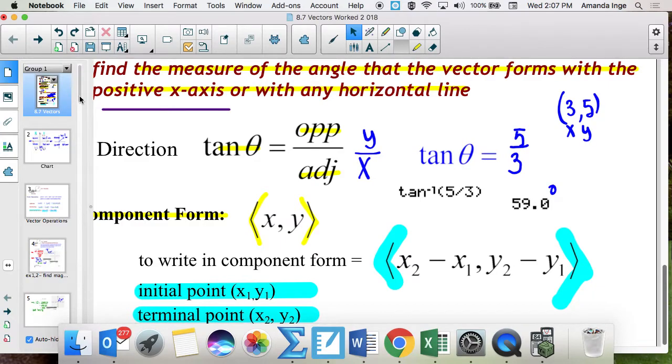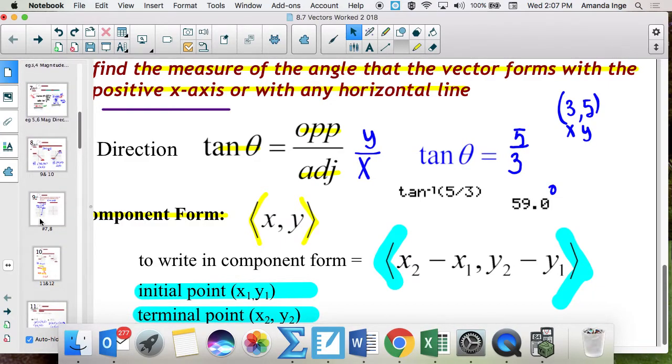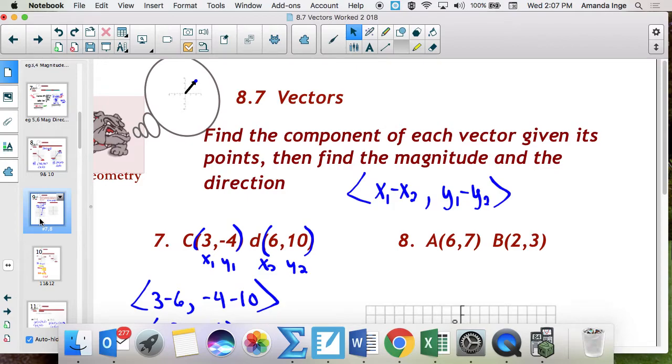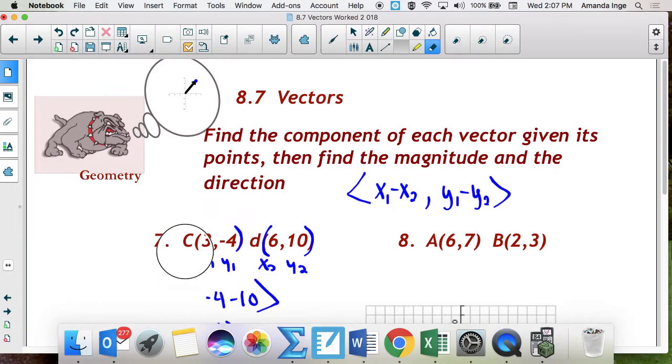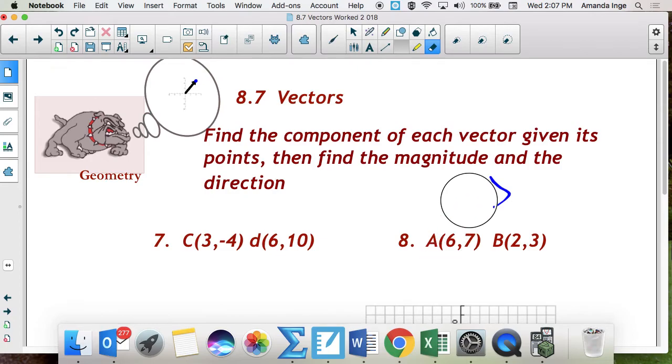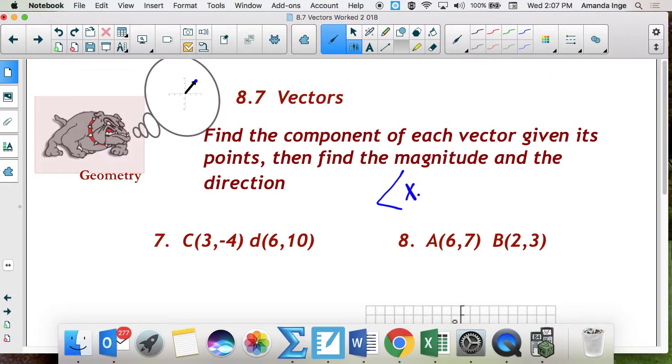That's my fault. Alright, so let's start this one over. Alright. So we're going to get x sub 2 minus x sub 1, and then y sub 2 minus y sub 1. I thought that was wrong.